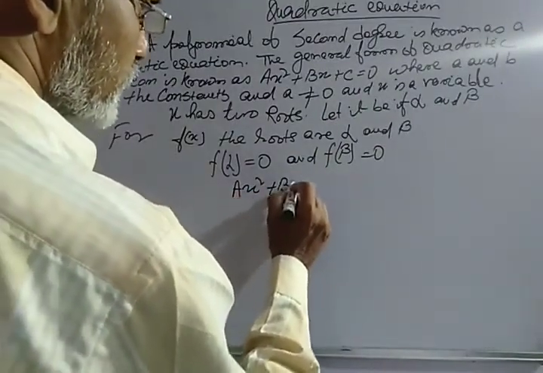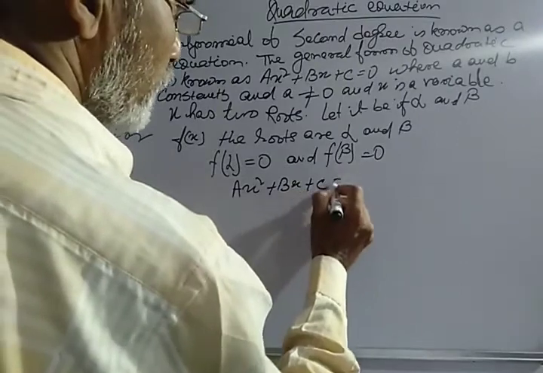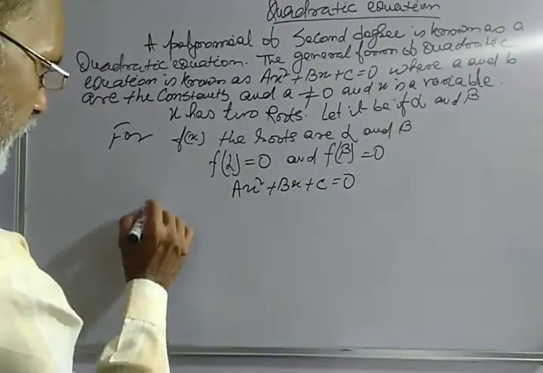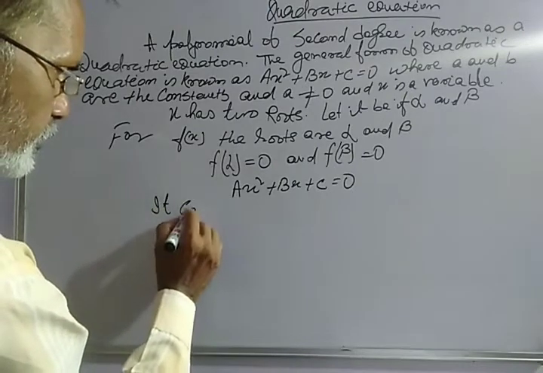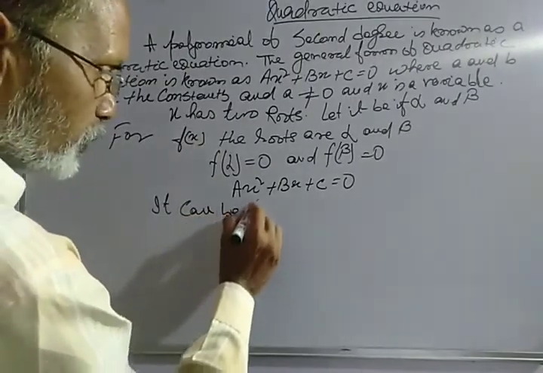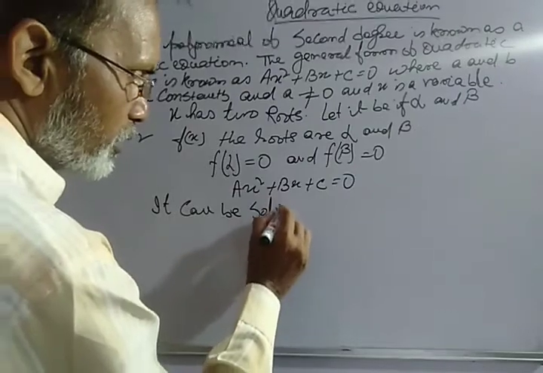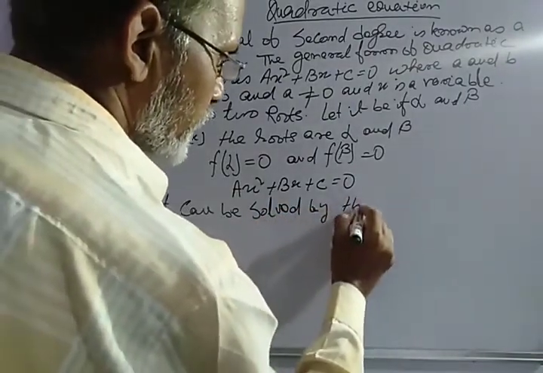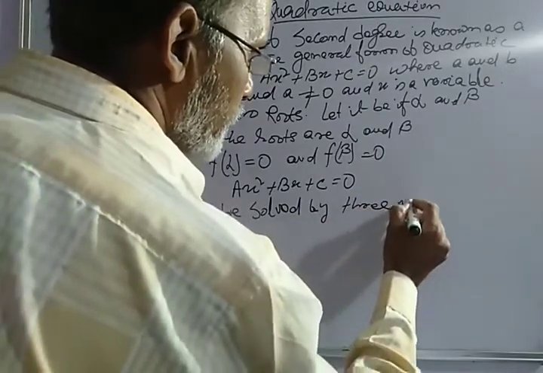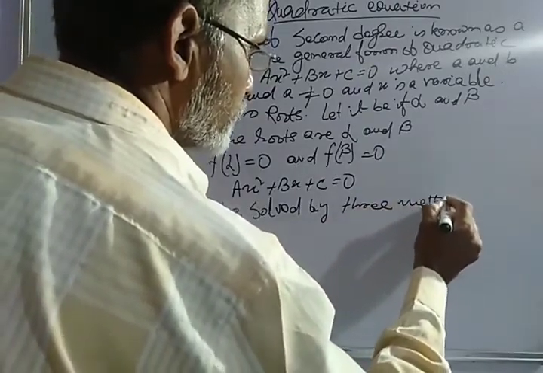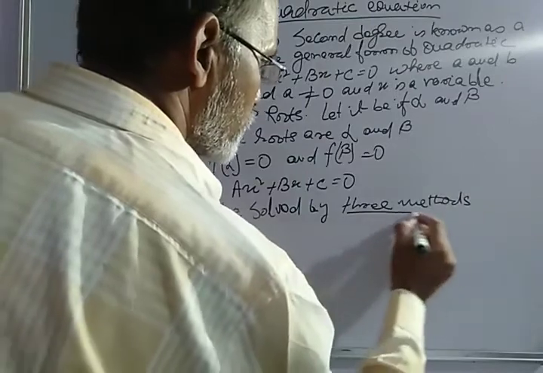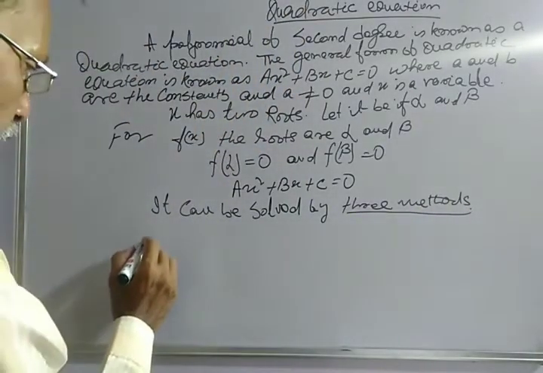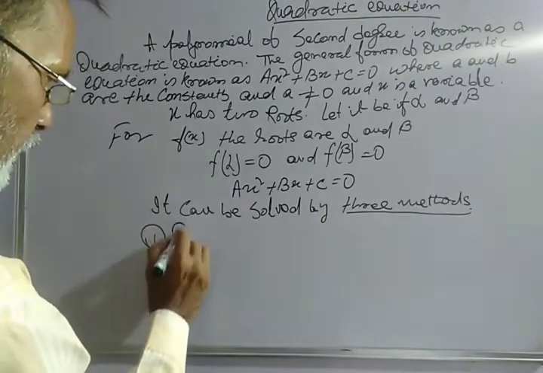If an equation is given, ax square plus bx plus c is equal to 0, it can be solved by three methods. Always remember, three methods. First one is the factorization method.